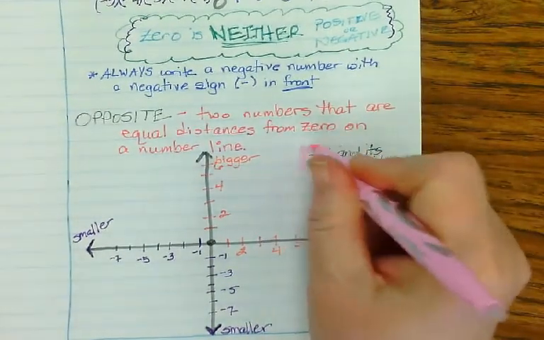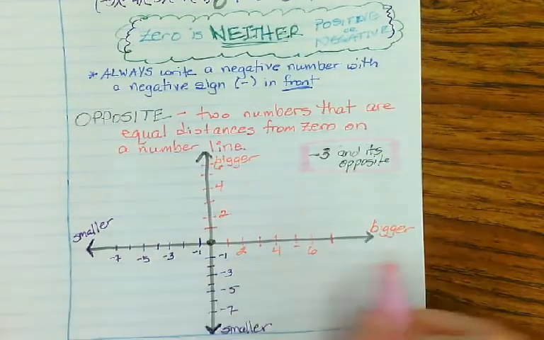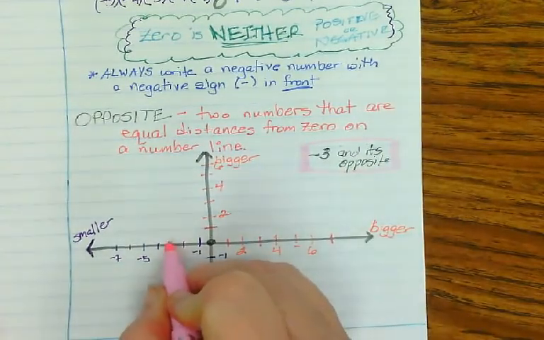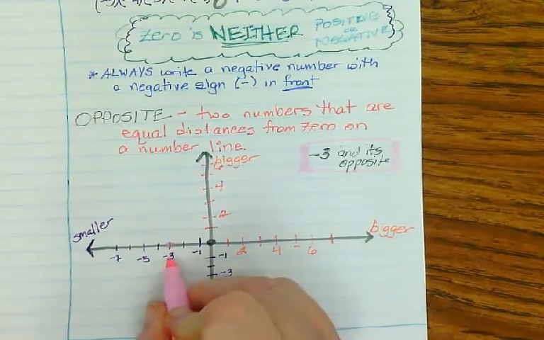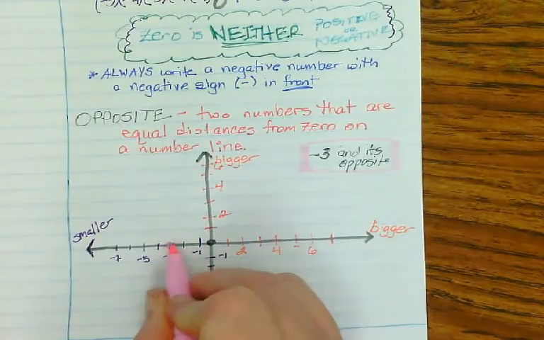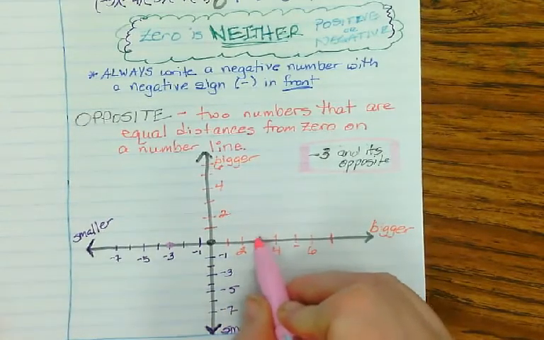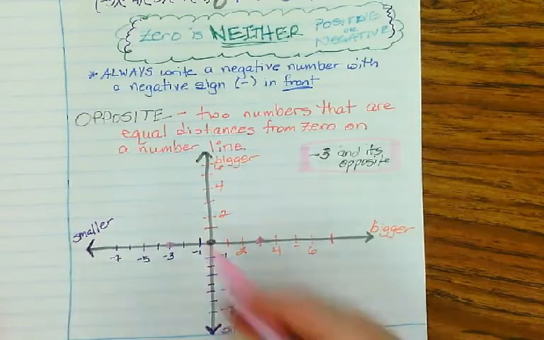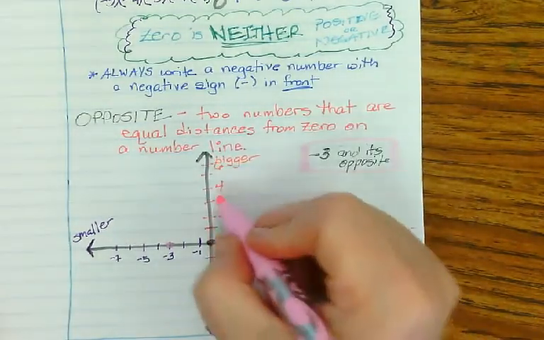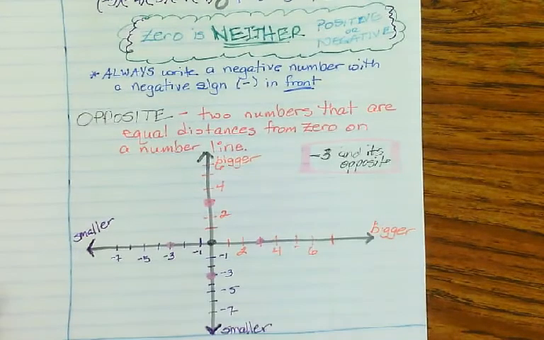So my pink highlighter is going to be -3 and its opposite. So if I'm going here, there's my -3, put a dot right on the line, and its opposite would be, what is 1, 2, 3 places away from 0? 1, 2, 3 over here. -3, +3, same thing. Or I could do it on this one. There's my +3 and there's my -3.